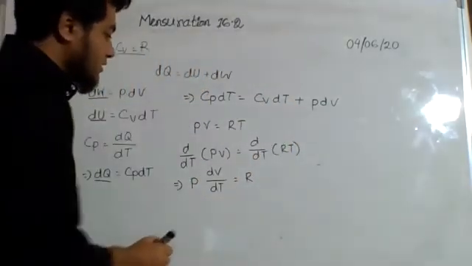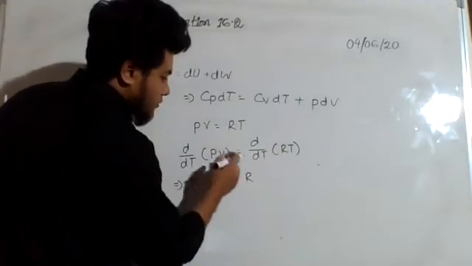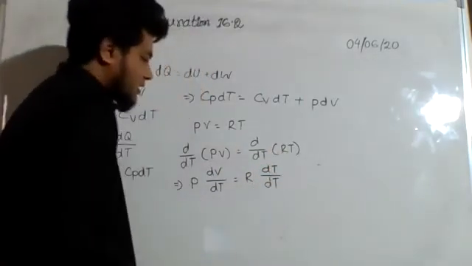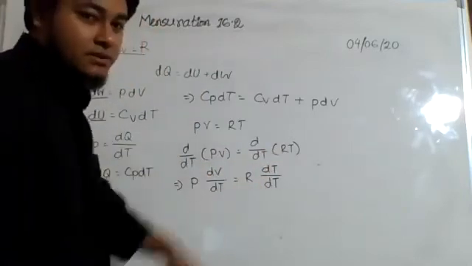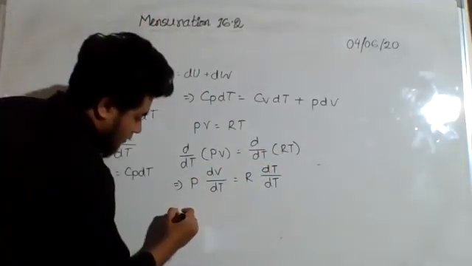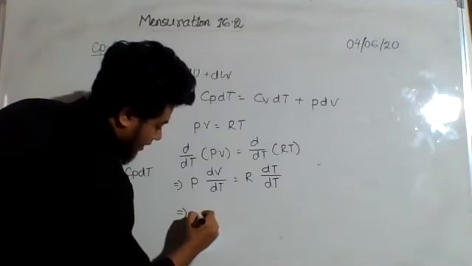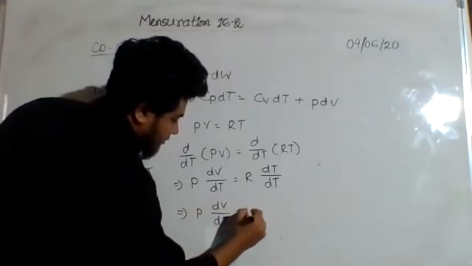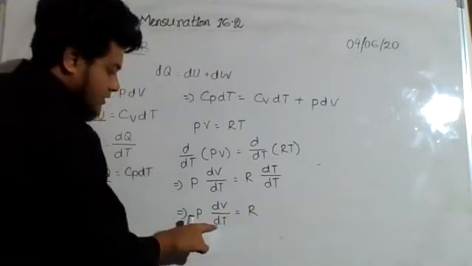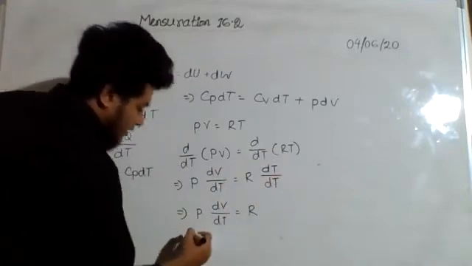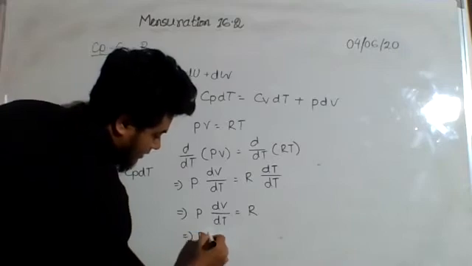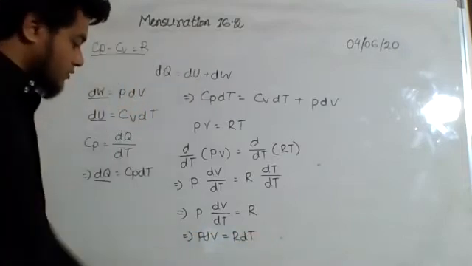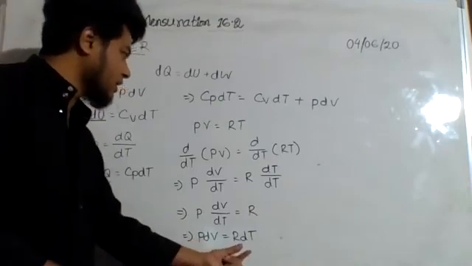As you can see, R is constant, so it will come out and become dT/dT, so they will cancel each other and it will become 1 only. Then we will have P dV/dT is equal to R only. Then if I cross multiply the dT, it will become P dV is equal to R dT. So PdV is equal to RdT.